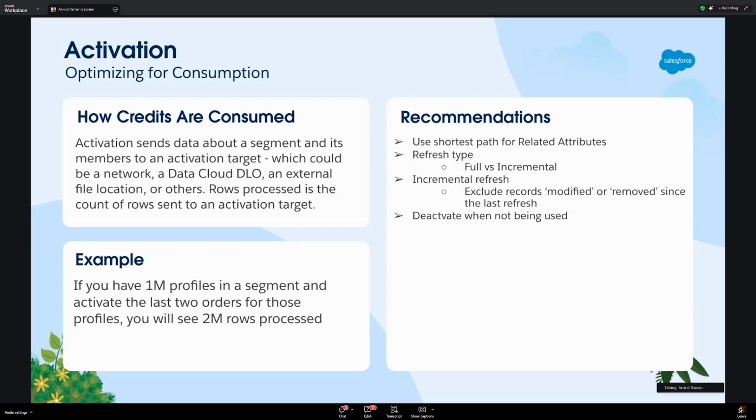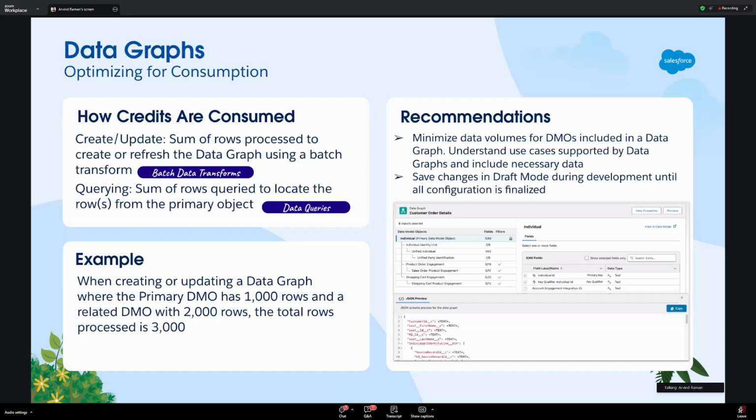Within your activation, you also have a refresh type, full versus incremental. Within your incremental refresh, you can set up an option to exclude records modified or removed since the last refresh, so it's not reprocessing them. And if your activation is no longer being used, deactivate it.